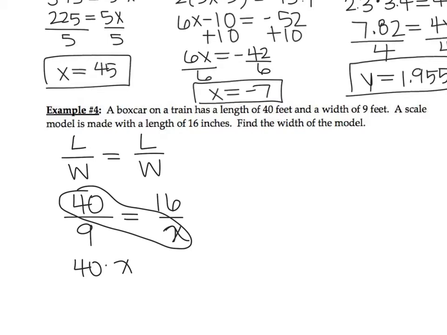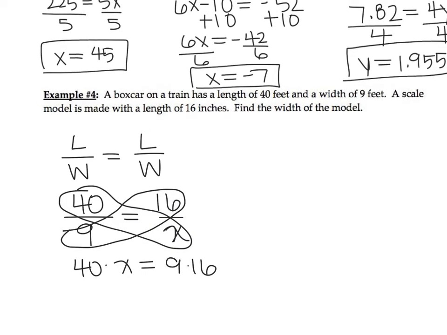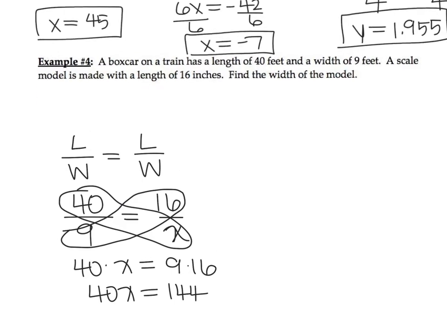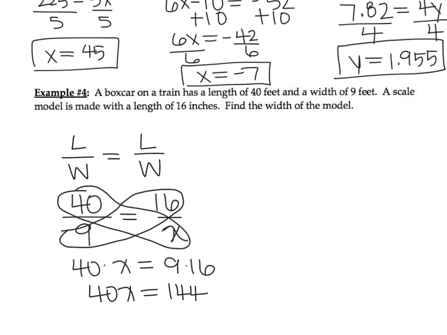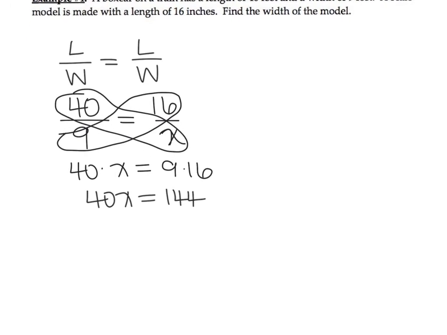And then when we multiply going across the other way, you get equals 9 times 16. So 40 times x is going to give us 40x equals 9 times 16, which is 144. Dividing both sides by 40, we get that x equals 3.6.